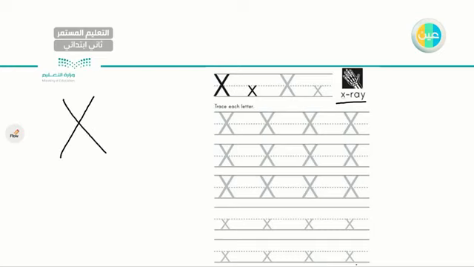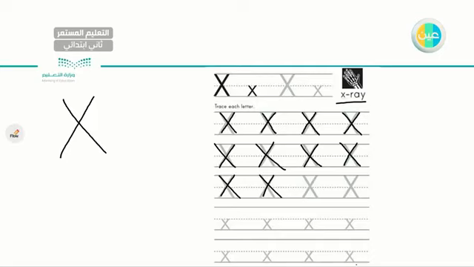This is a capital X. Let's try the capital X between the lines. X. Capital X. Very good. I hope you are practicing it with me. Okay, this is the capital X.